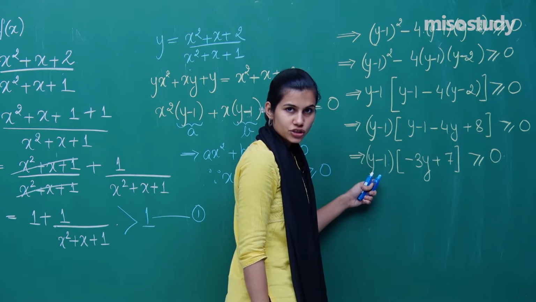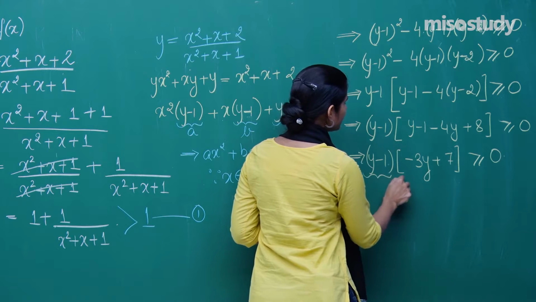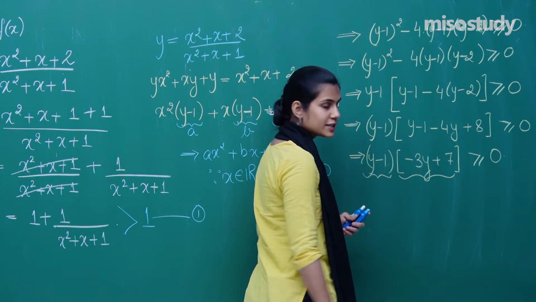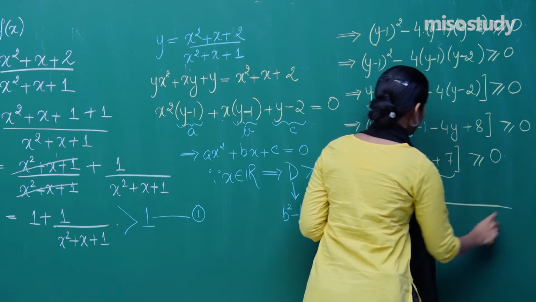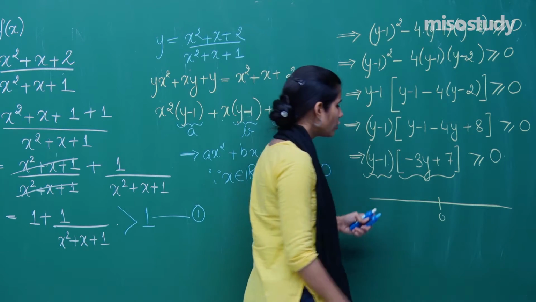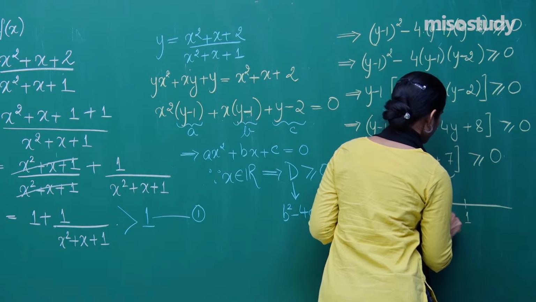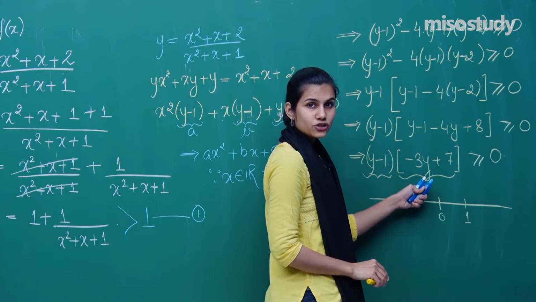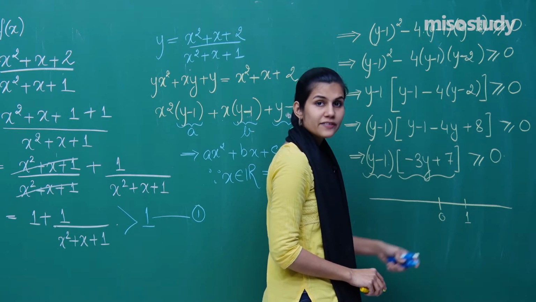And this expression, basically if you consider the individual factors, is going to give you two real numbers. If you equate y minus 1 to 0, it will give you 1. If you equate this expression to 0, you will get 7 upon 3.